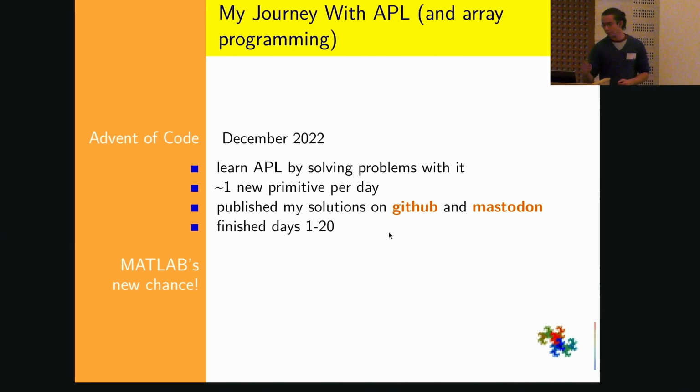And I have some solutions on GitHub, and I think I'm quite happy that almost all of the solutions that I found were actually short enough to fit in a Mastodon toot, so they were less than 500 characters. And I finished days 1 to 20 with a couple holes.